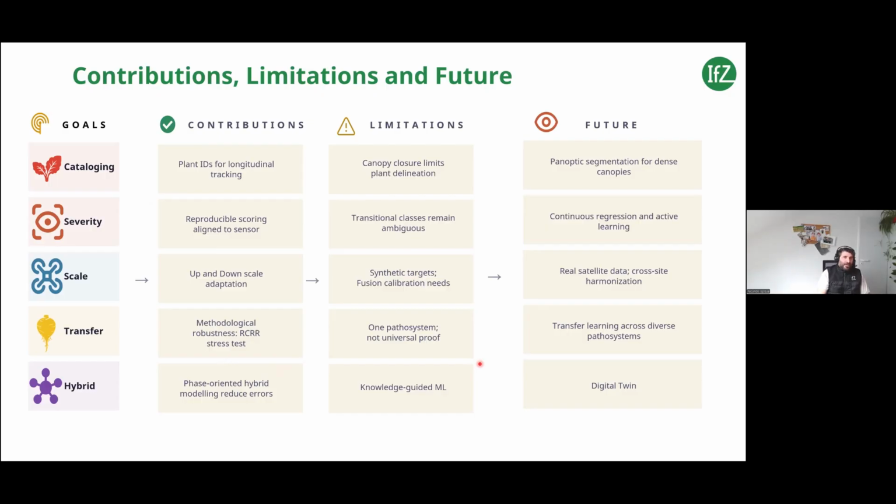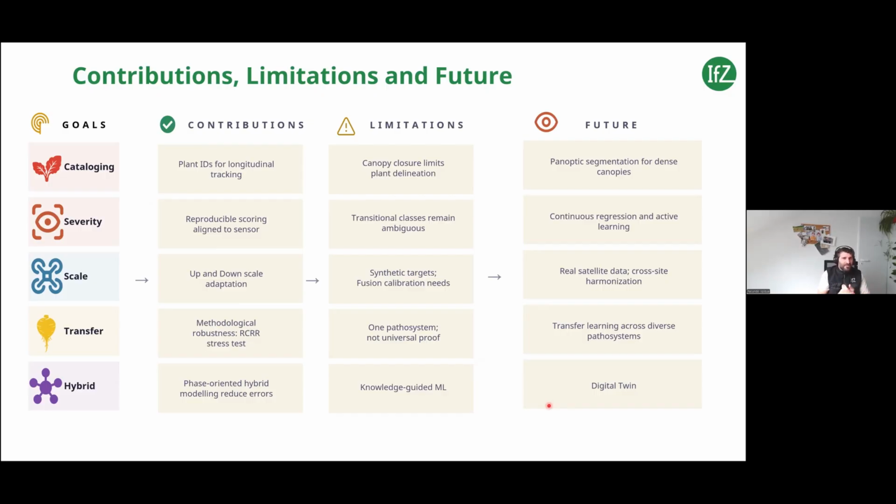And about the hybrid modeling, we linked the sensing with epidemiological phases and achieved error reduction. The boundary here is that the hybridation which I tested was a very basic kind of hybridation.